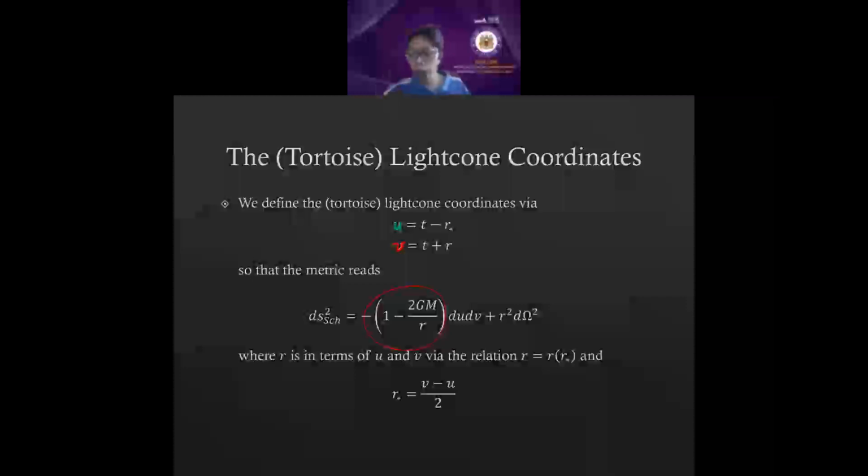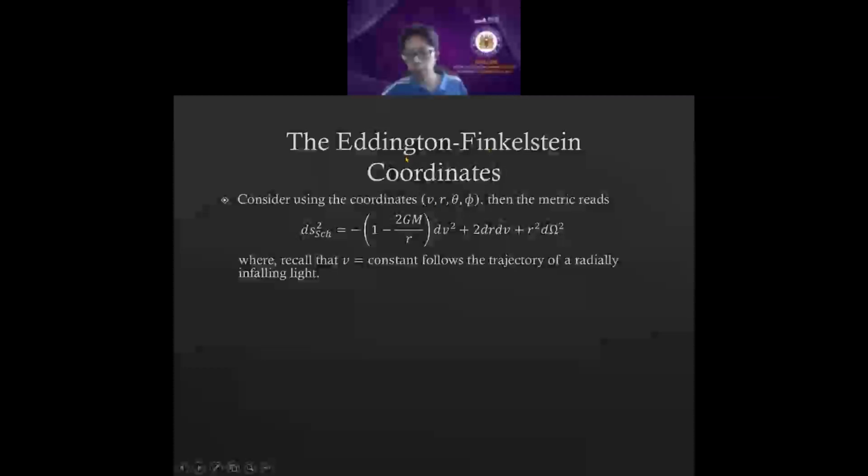But what we can do is that instead of using both u and v, we can consider what is known as the Eddington-Finkelstein coordinates, where we just use v to replace the coordinate t. So we can use yet another set of coordinates: v, r, theta, and phi.